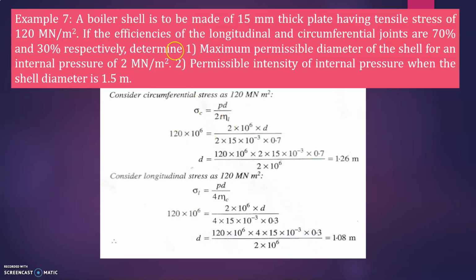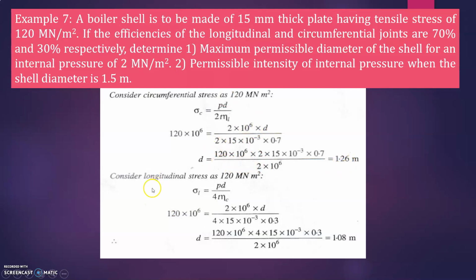Now substitute: σC is the tensile stress, 120 into 10⁶, equal to P, which is 2 MN, so 2 into 10⁶ into D. D we don't know, we have to calculate, divided by 2 into the thickness, 15 converted into meter, 10⁻³, into the efficiency of the longitudinal joints, 70%, so 0.7. Note that for circumferential stress, you have to consider the efficiency of the longitudinal joints. So you get D equal to 1.26 meter.